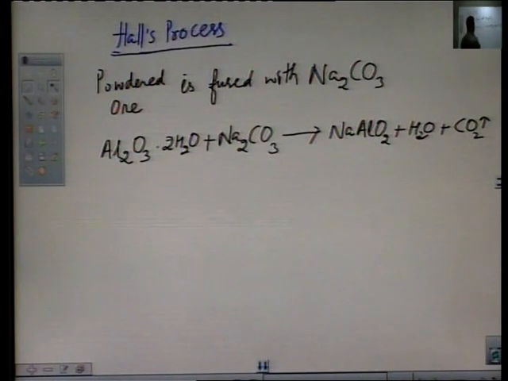Sodium meta-aluminate plus water plus carbon dioxide. So the meta-aluminate formed, the filtrate is sodium meta-aluminate and the remaining parts on filter paper are impurities of iron oxide and silicon dioxide.